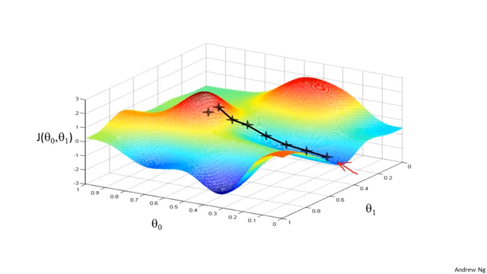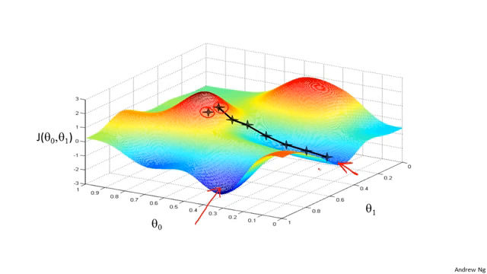So if you had started at the first point, you would have wound up at this local optimum. But if you started at a slightly different location, you would have wound up at a very different local optimum. And this is a property of gradient descent that we'll say a little bit more about later.